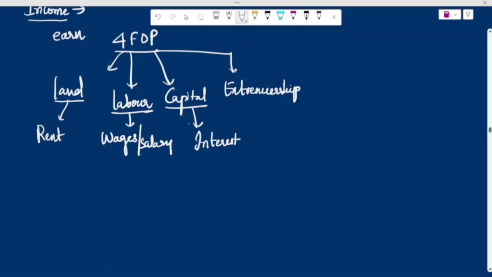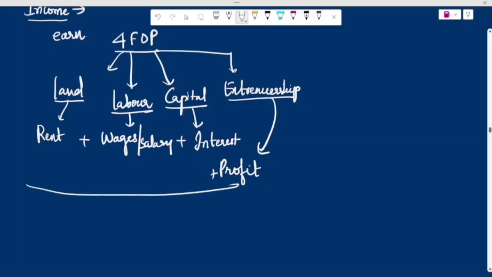So if we calculate all these things, then it is called income. Why are you getting income? Because you are producing some goods and services. For example, if you provide land to some factory, you'll be getting rent. If you are going to the factory as a worker, you will be getting wages or salary.